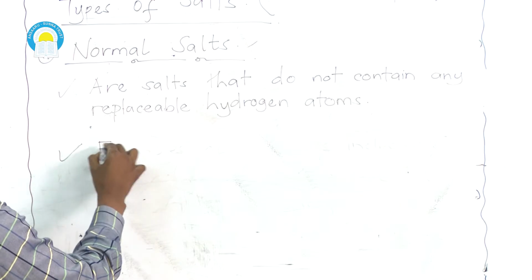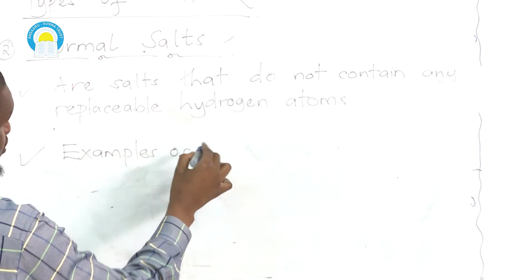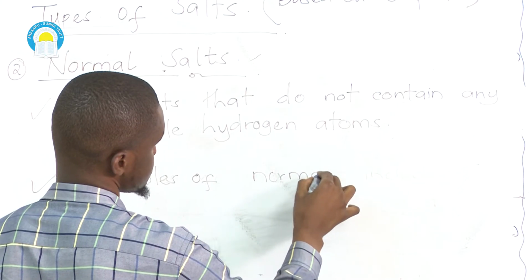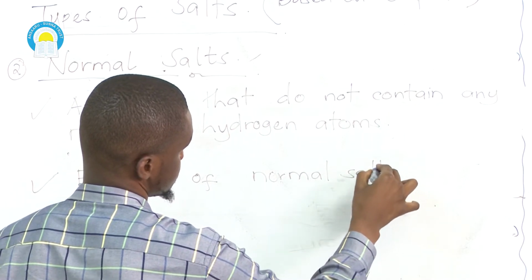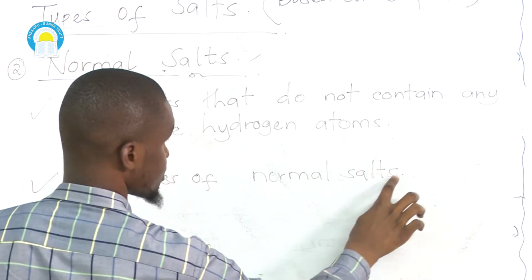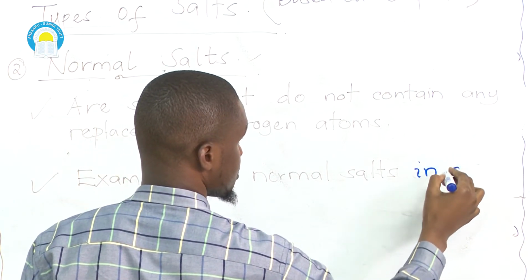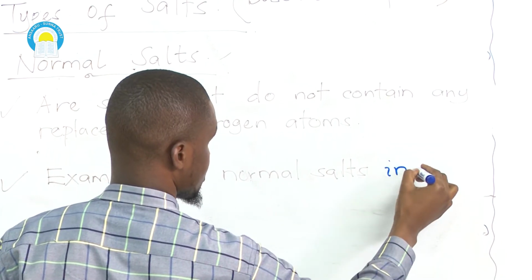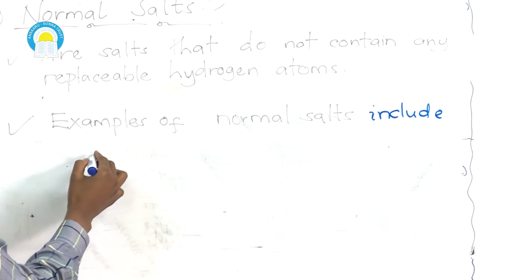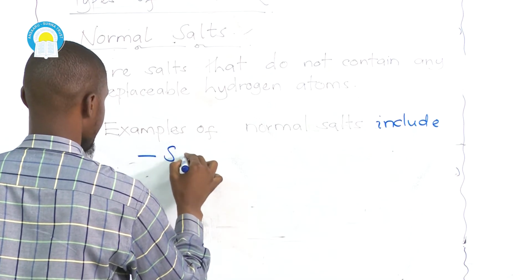Examples of normal salts include the first one, sodium chloride.